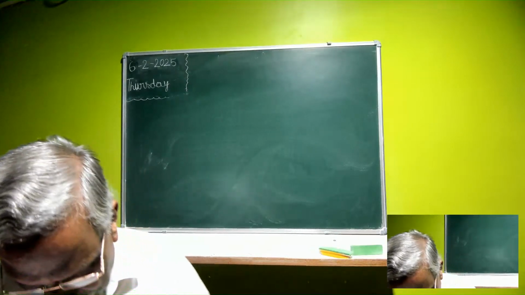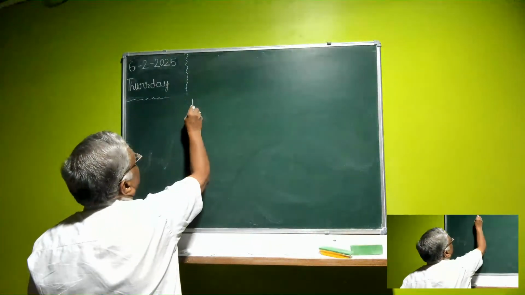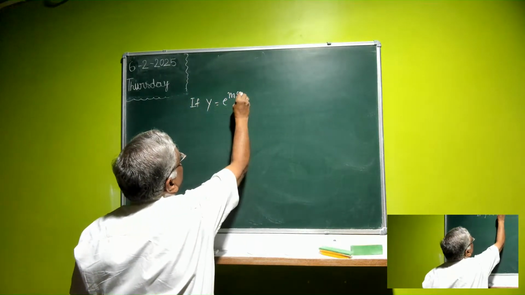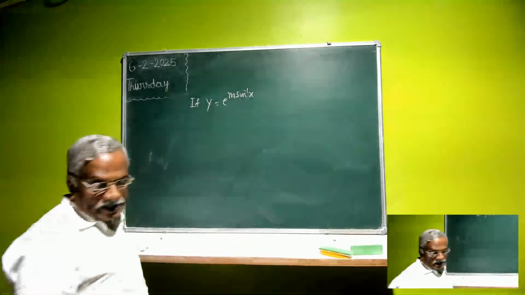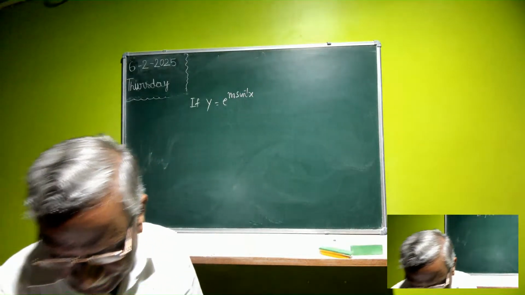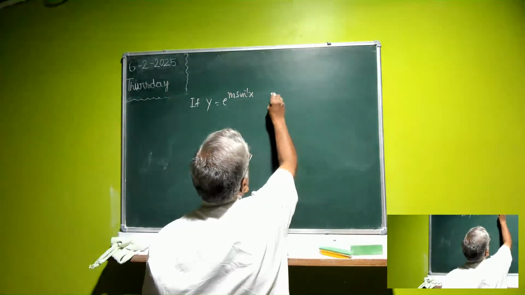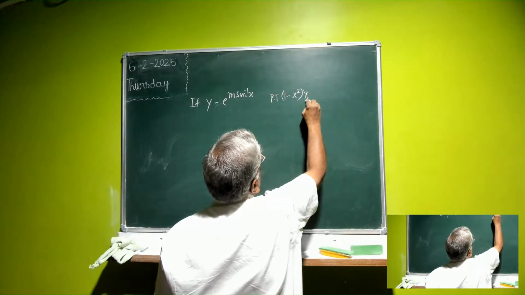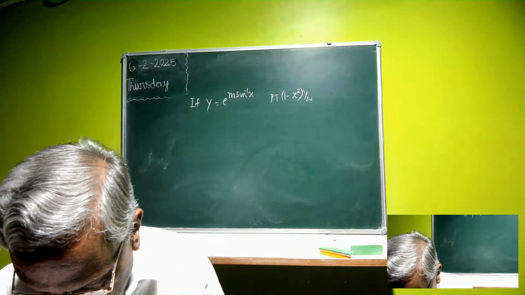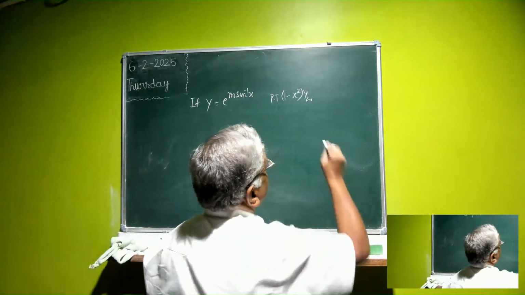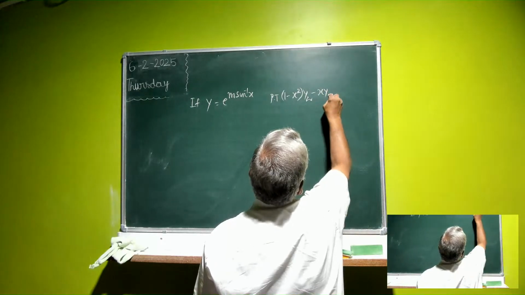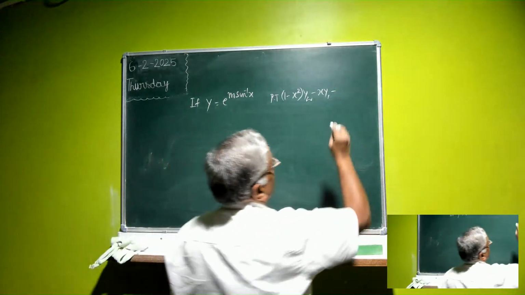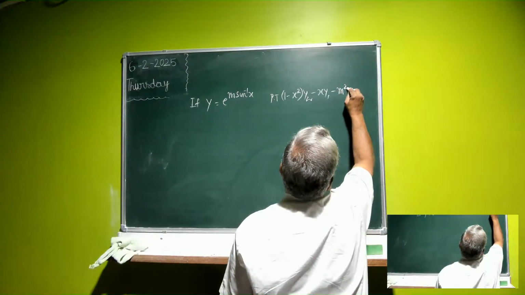If y is equal to e to the power of m sin inverse x, prove that 1 minus x square y2 minus x y1 minus m square y is equal to 0.